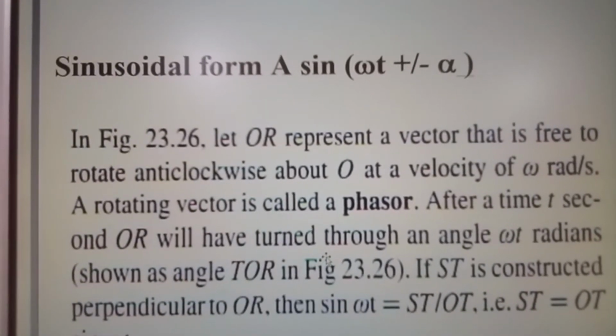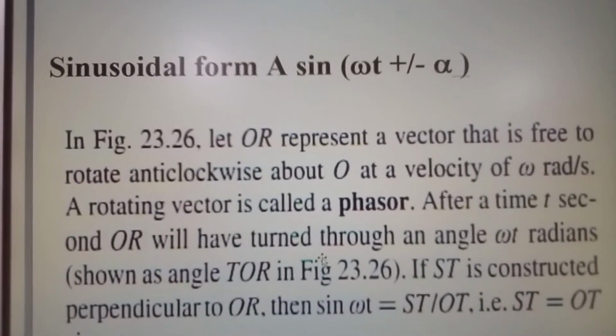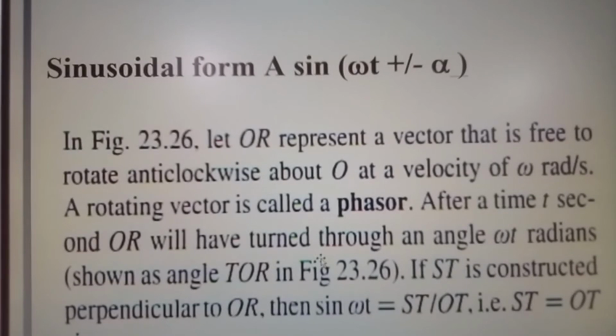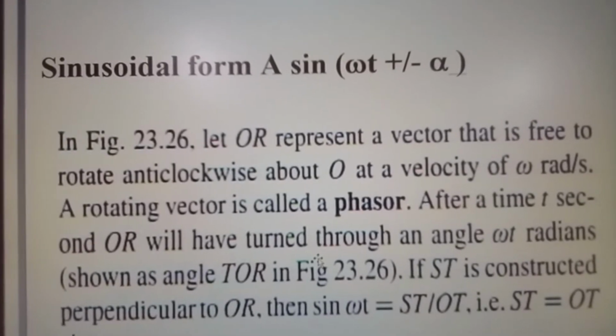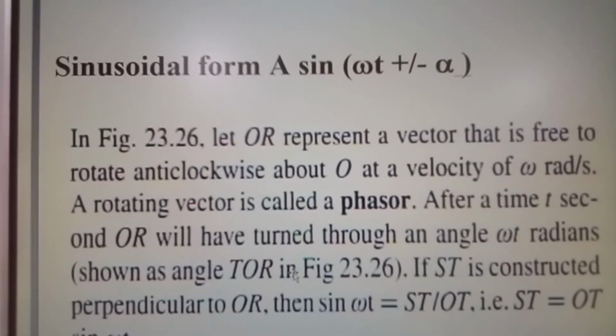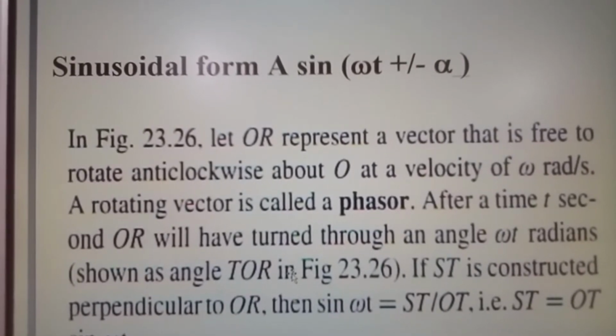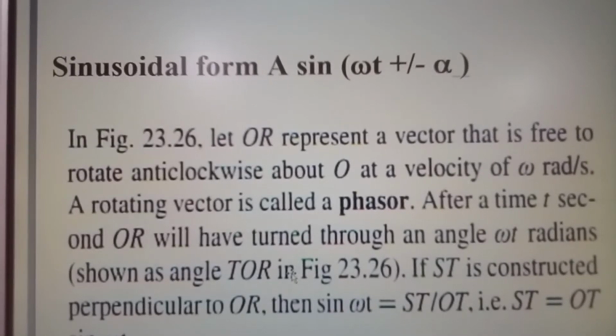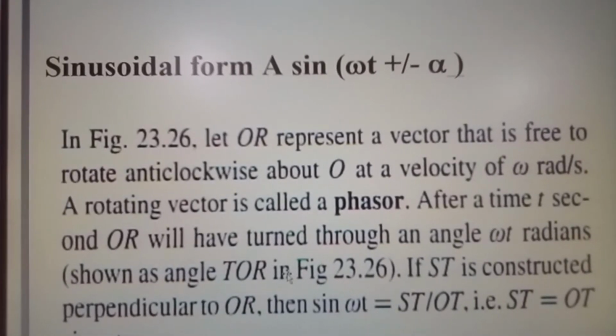Now, if ST is constructed perpendicular to OR, then sine omega t equals ST over OT, i.e. ST equals OT sine omega t. Now, this is in reference to the sinusoidal waveform A sine omega t plus or minus, well, I will say delta or A.